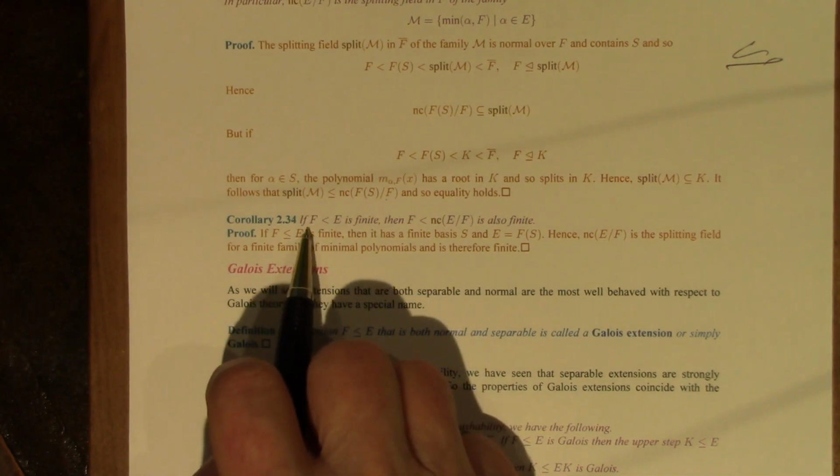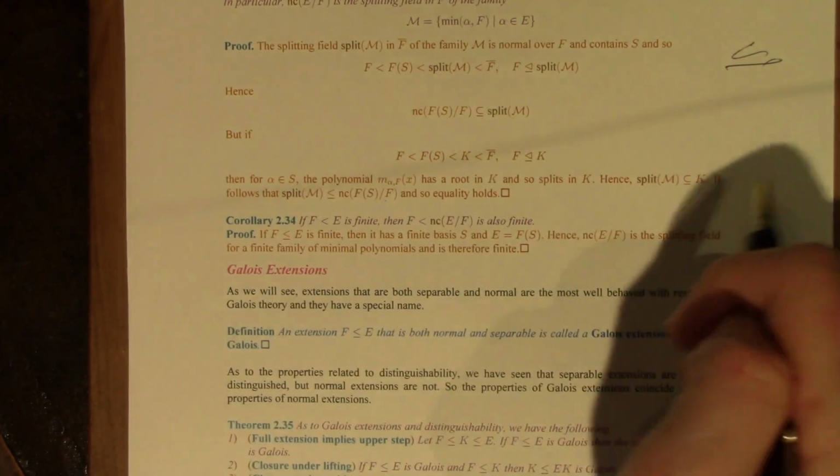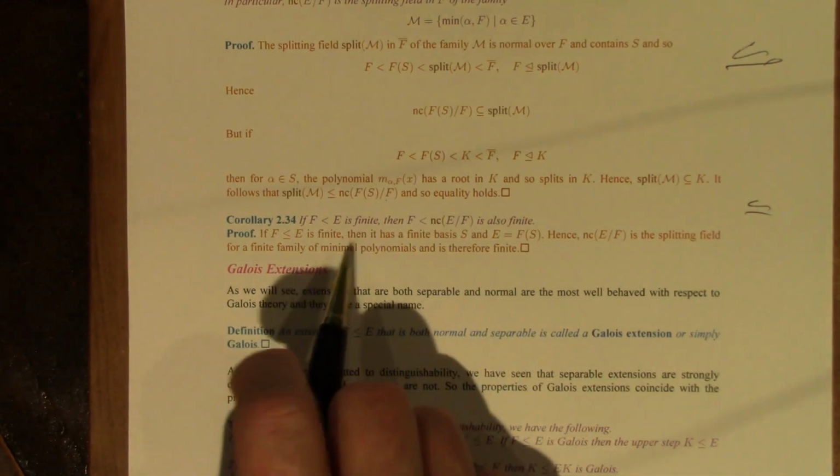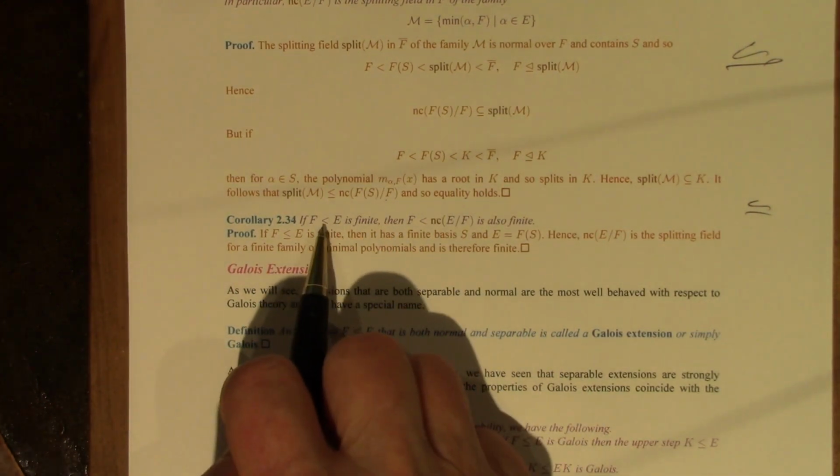Finally, for normal closures, if this extension, again I have to have less than or equal to's here, it's just a notational issue. I didn't mean for these to be proper.